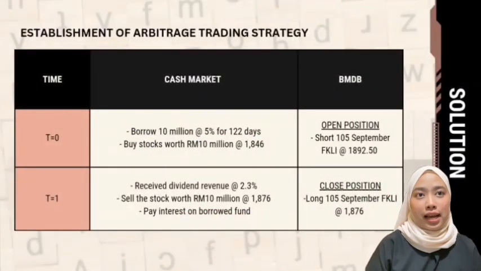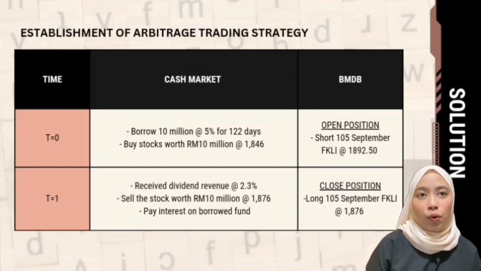Let's move on to the next solution, which is the establishment of the arbitrage trading strategy. At t equal to 0, in the cash market, we borrow 10 million at 5% for 122 days and buy the stock worth 10 million at 1846. And the open position is short 105 September FKLI at 1892.50.